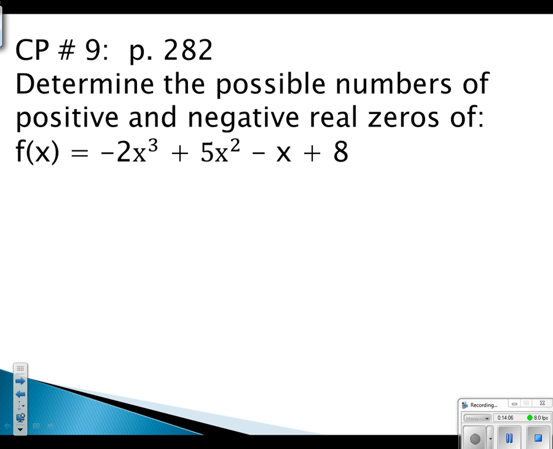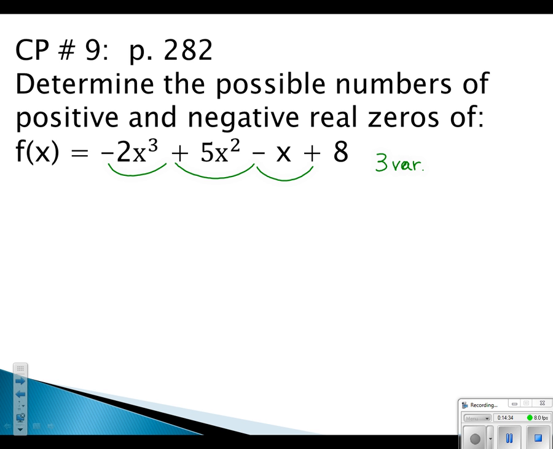All right, let's practice this once. Determine the possible numbers of positive and negative real zeros of the given function. In our f of x equation, our f of positive x, we have one variation of sign. We have two variations of sign. It goes back from negative to positive again. We have 3 variations in sign.